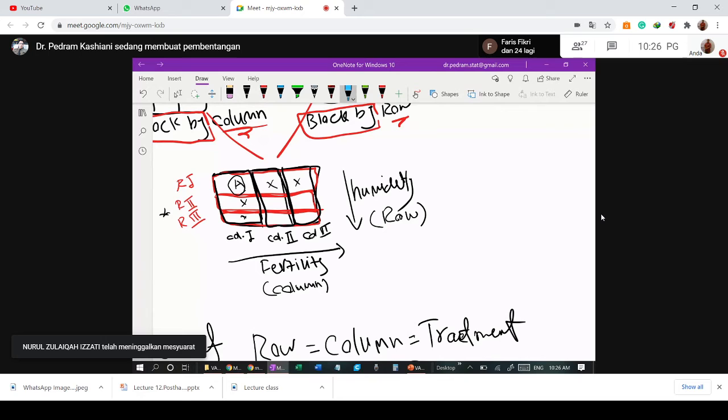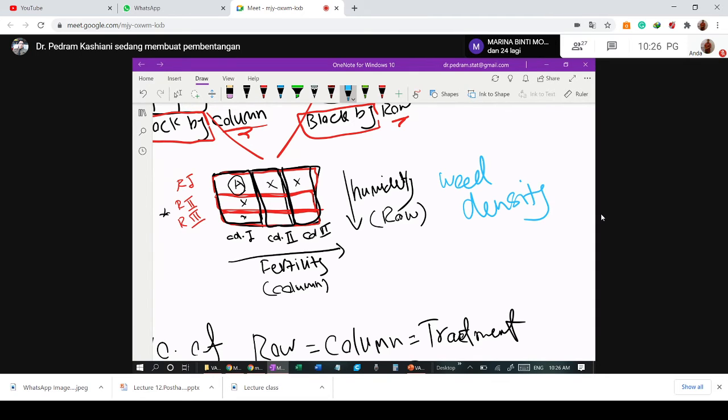But imagine that instead of humidity, I put weed density. Okay, I block based on weed density. So you can see weed density and fertility interact together. What does it mean? It means if I have more fertility, I have more weeds. If I have less fertility, I have fewer weeds.